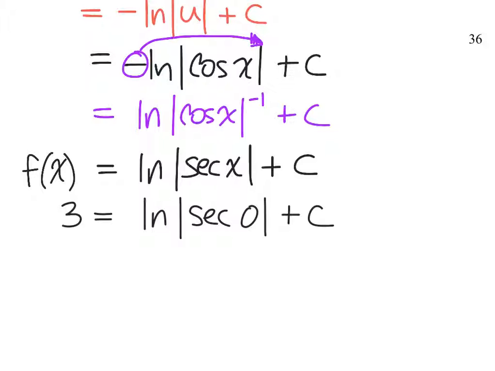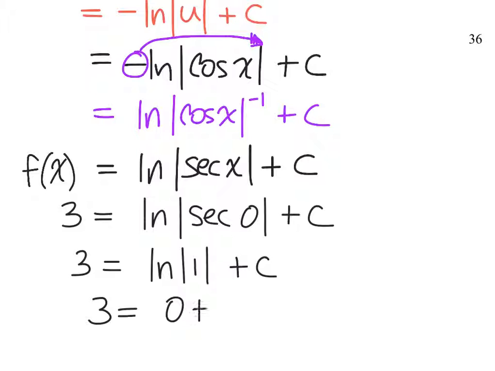Or I'll take the cosine of 0. 1. And since secant is a reciprocal of cosine, it's also 1. So then I would ask what the natural log of 1 is equal to. 0. So we know c is equal to 3.